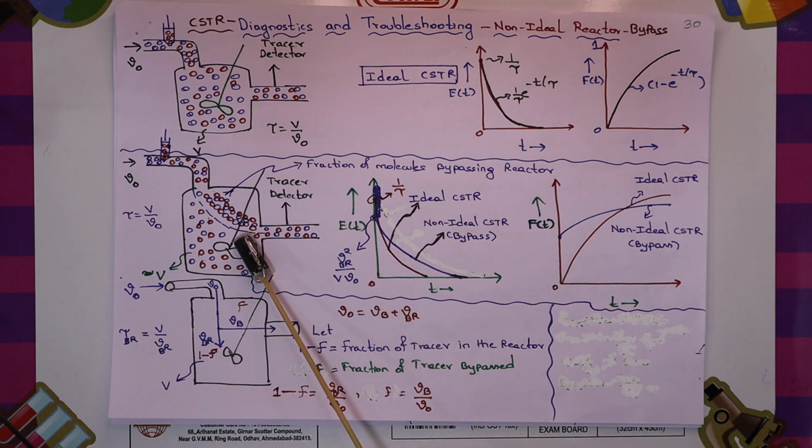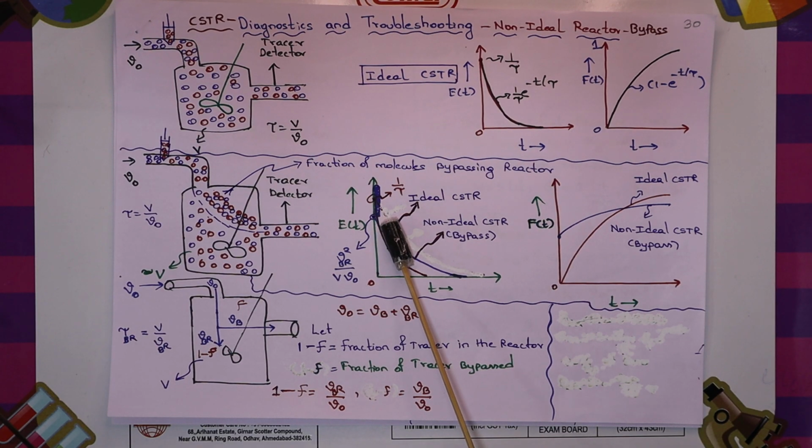By doing tracer curve experiments and comparing with an ideal CSTR curve, you can identify what kind of non-ideality the non-ideal CSTR has. If it has bypassing, then you should expect this kind of curve.